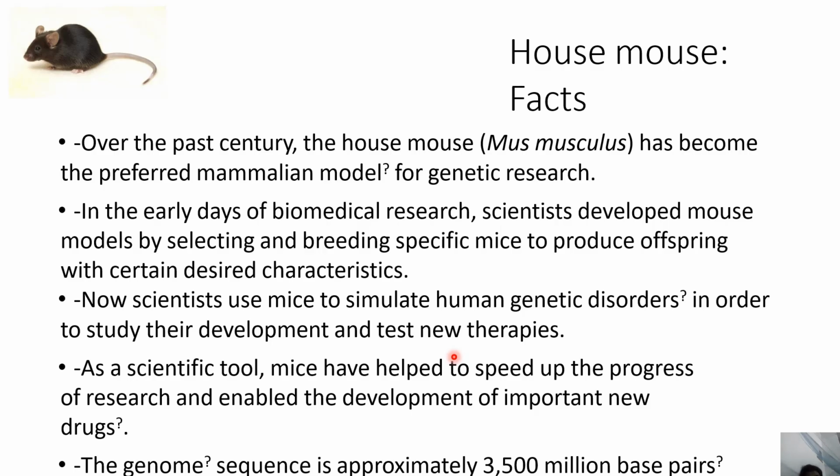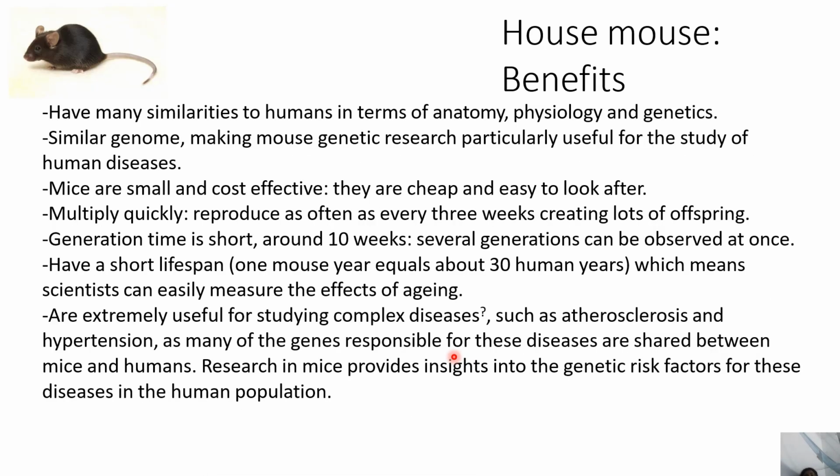As a scientific tool, mice have helped to speed up the progress of research and enabled the development of important new drugs. They have many similarities to humans in terms of anatomy, physiology, and genetics. They have a similar genome, making mouse genetic research particularly useful for the study of human diseases.